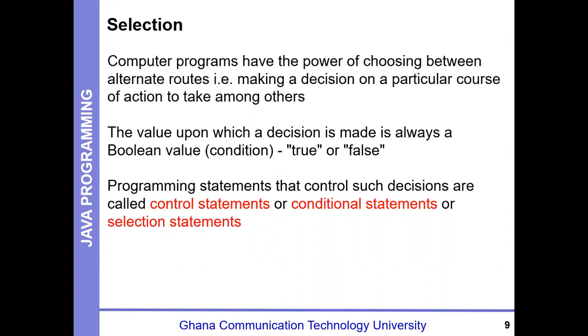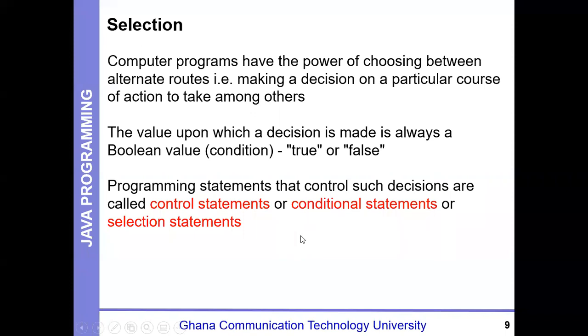And remember, we said Boolean was the data type that only worked with true or false. So we're going to be working with some Boolean situations. Situations where you can make that judgment or selection, we call them control statements because they can control the execution, or conditional statements, or selection statements. They all mean the same thing.